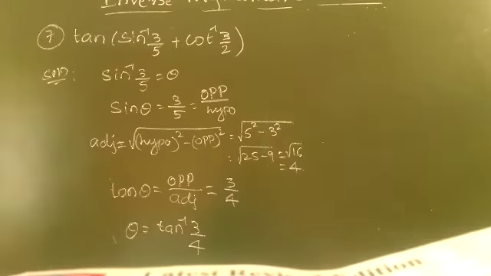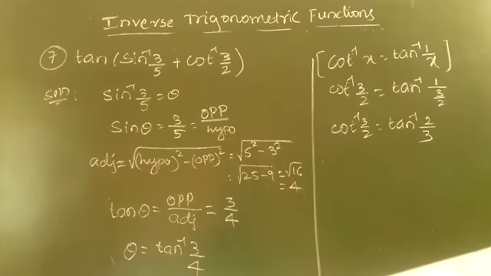Next, another term is there, that is cot inverse 3 by 2. We already know the basic property of inverse trigonometry. What is that? Cot inverse x is equal to tan inverse 1 by x. We'll take that formula, you write. We know that cot inverse x is equal to tan inverse 1 by x.